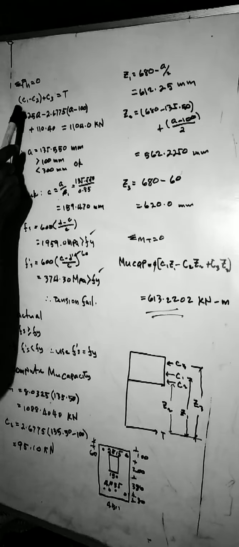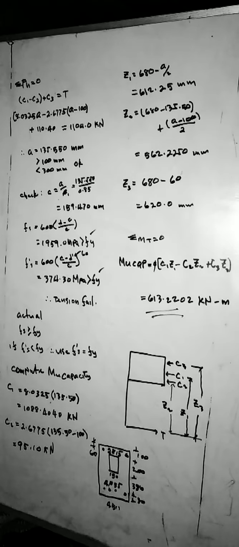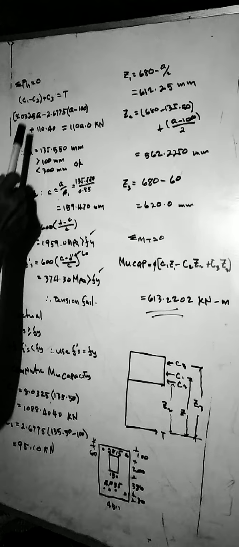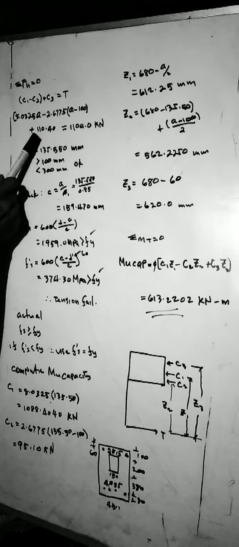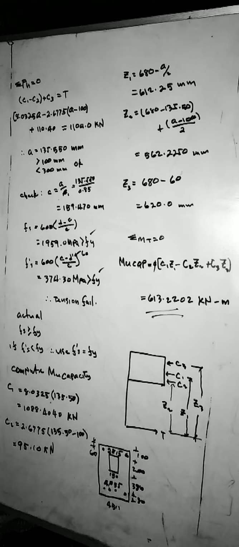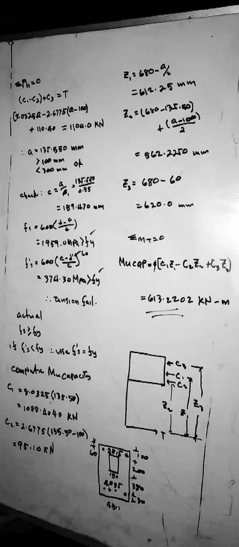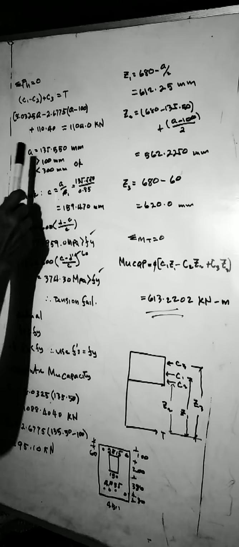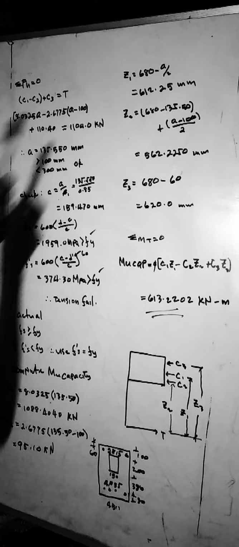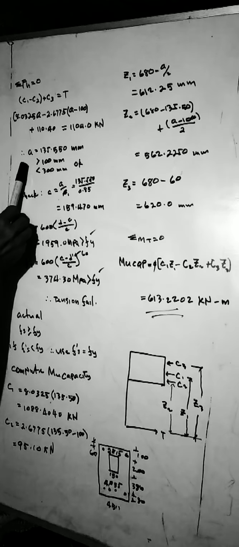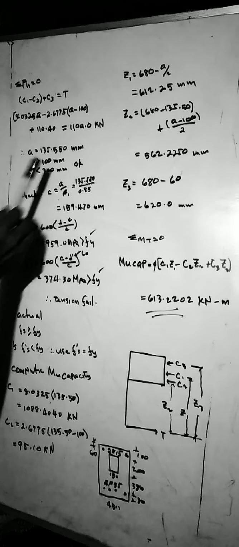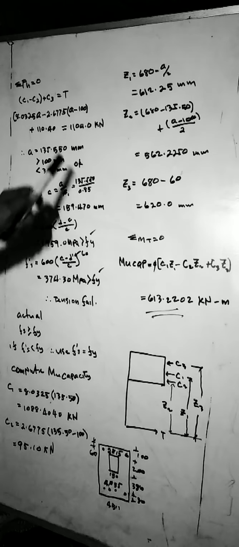Substituting the value of C1, the minus C2, and the plus C3 from the previous slide, and T, and computing the value of a, will give us a equals 135.550 millimeters.